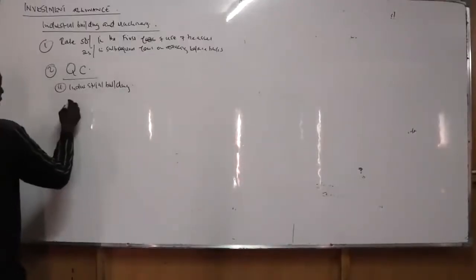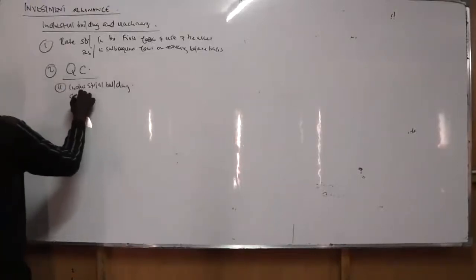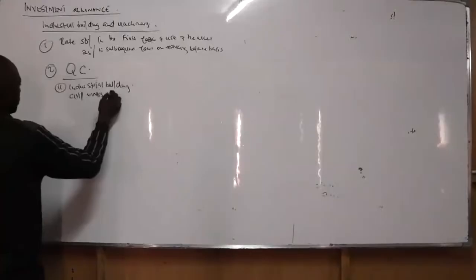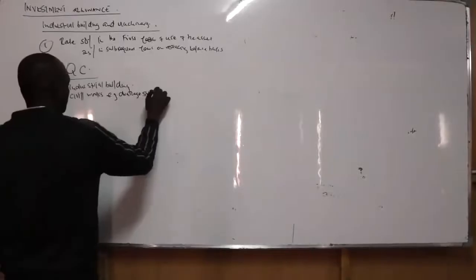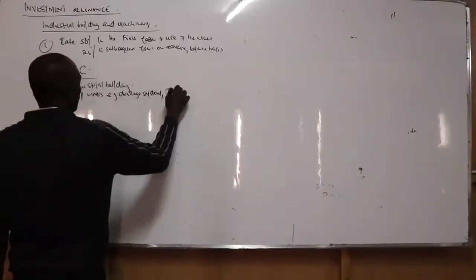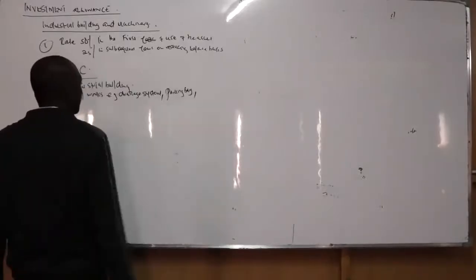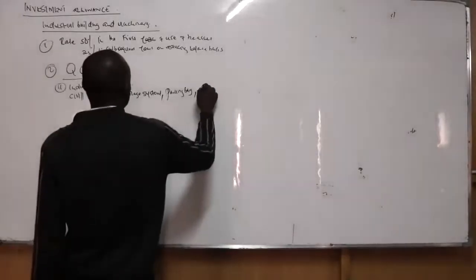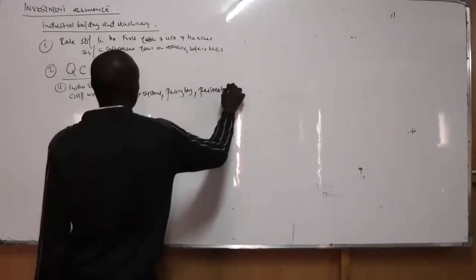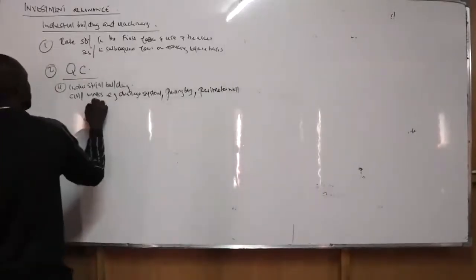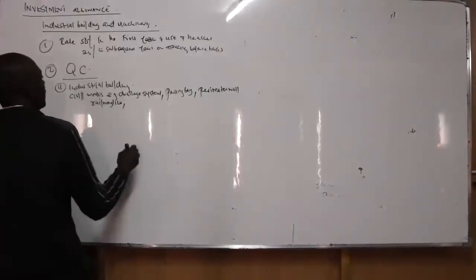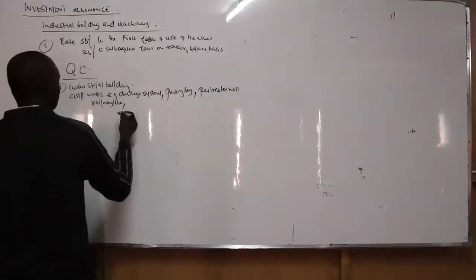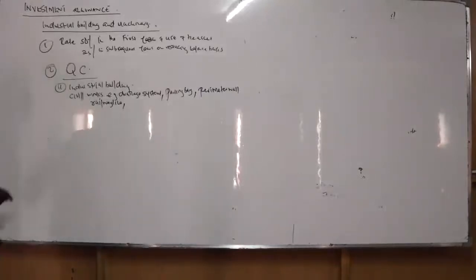And then other civil works around the building, e.g. drainage system, parking bay, perimeter wall, the railway line, electrical network. So the other civil works that you construct around the industrial building also qualify.